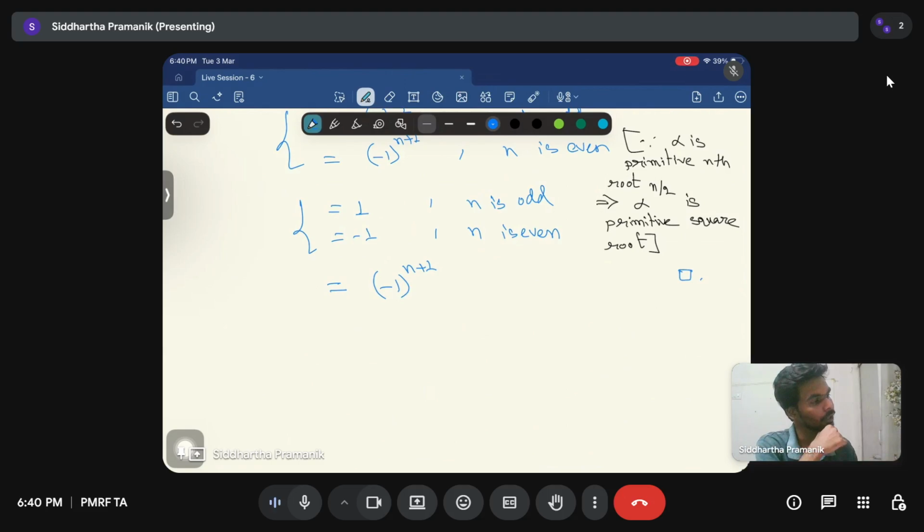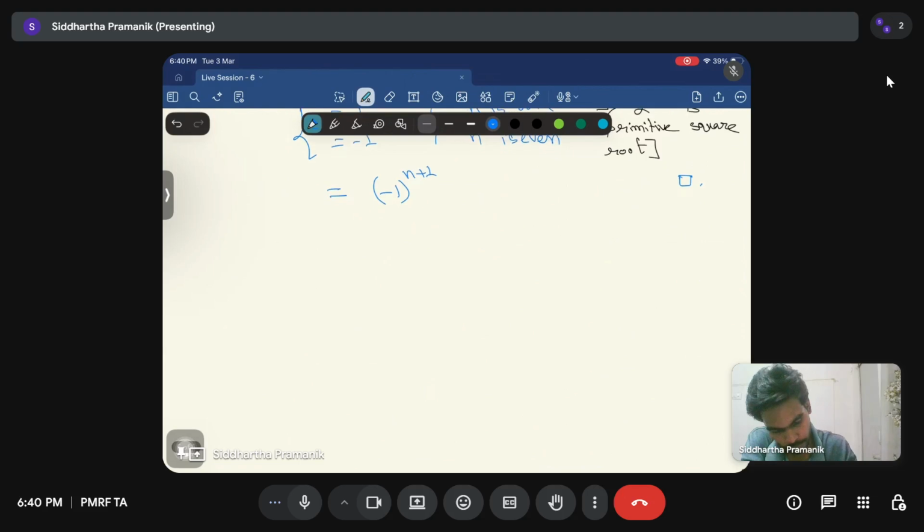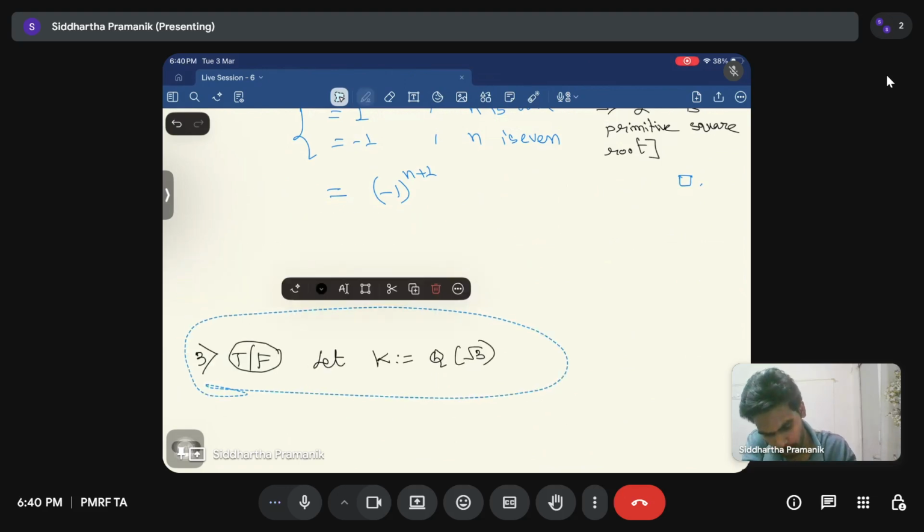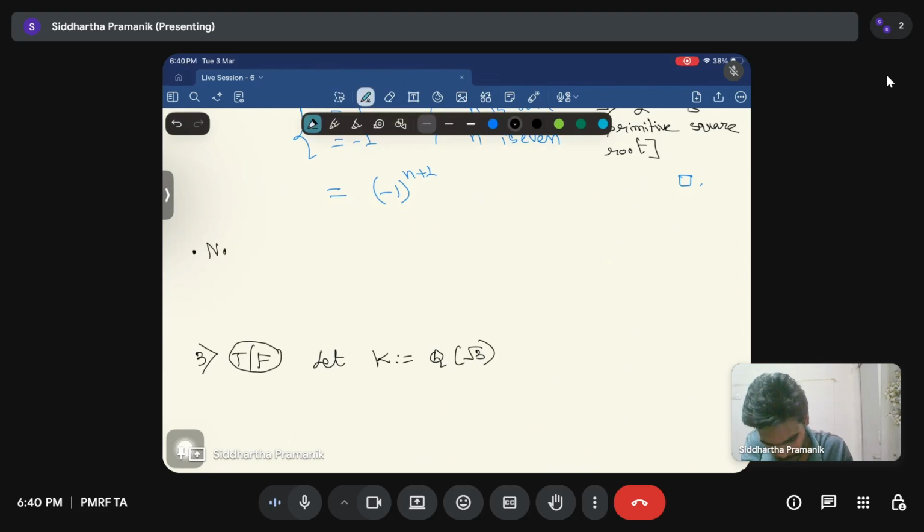Okay, so before going to more involved questions, let's do this one. So this is question number 3. This is a true false type question. So let K be the field Q adjoined square root of 3. Before stating this problem, let me use this notation.